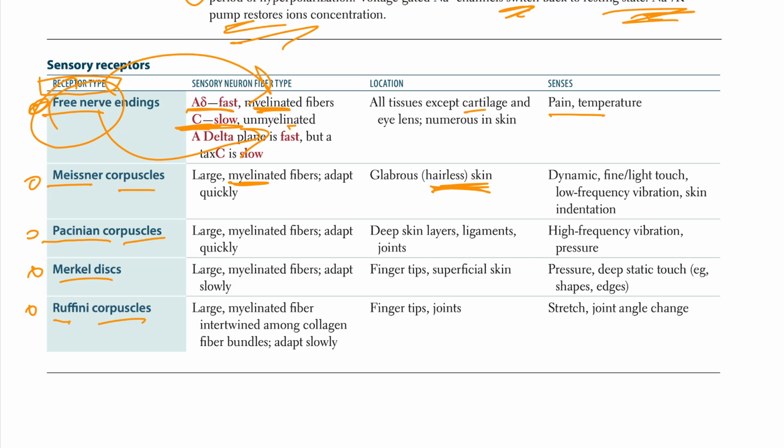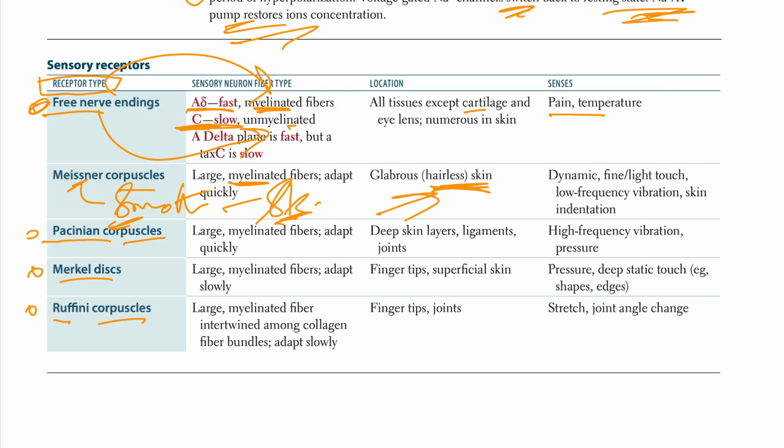Okay, going back to one of the mnemonics that we did in a previous lesson. Lesson had two S's. So Meissner's is smooth. Just remember smooth skin, SS, and that is hairless skin.